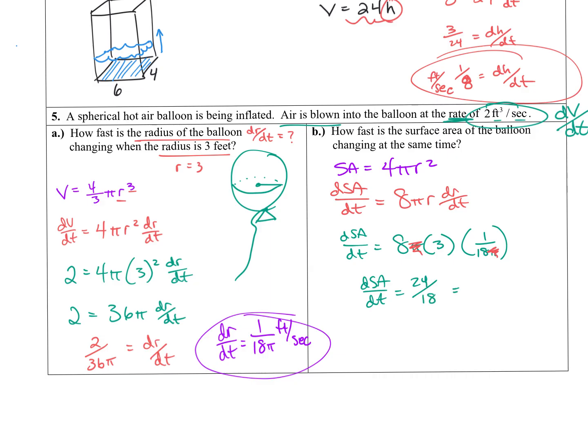And that could be reduced to 4/3. And the units for surface area are square feet per second. Cool. Let's take a break there.